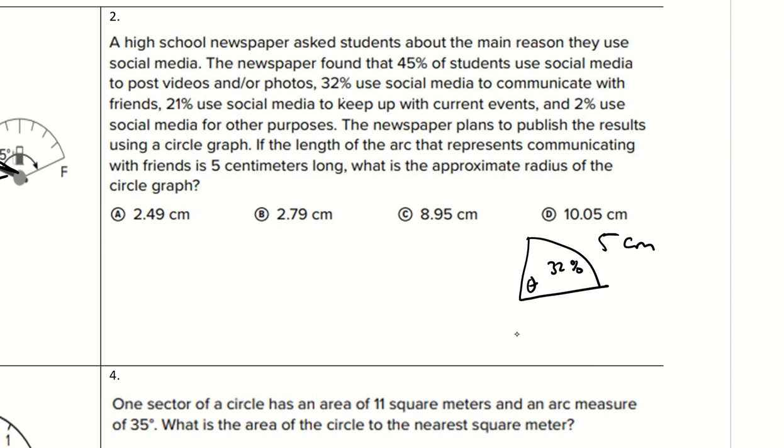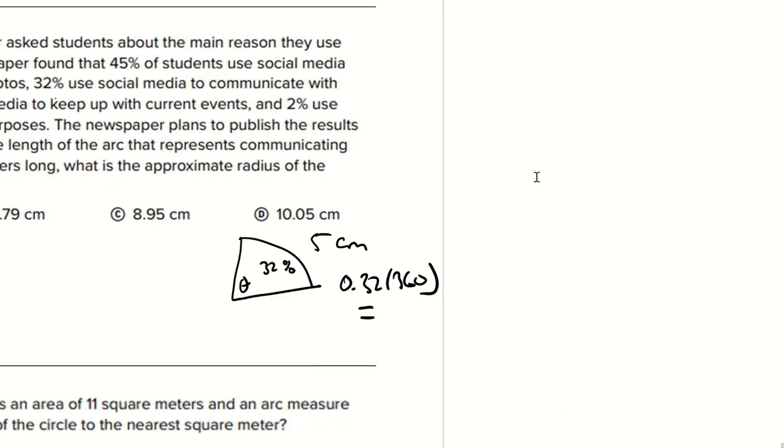So we would have to figure out what this angle is. Now that angle is not hard to find. Remember, it's 32% of 360. So we can do that. 32% times 360 is 115.2 degrees.